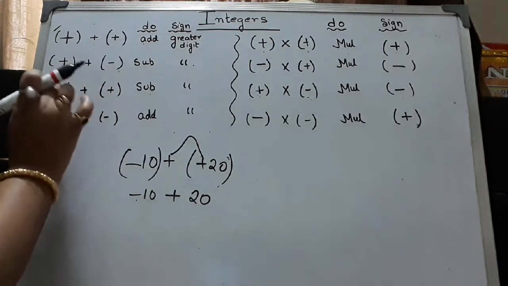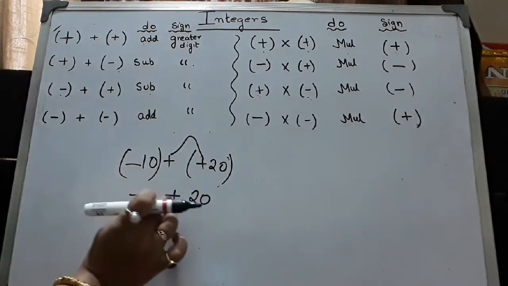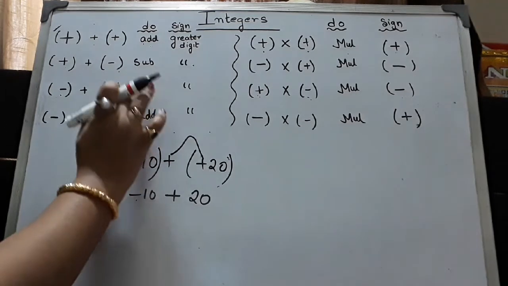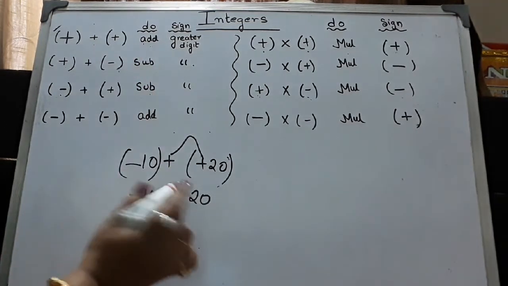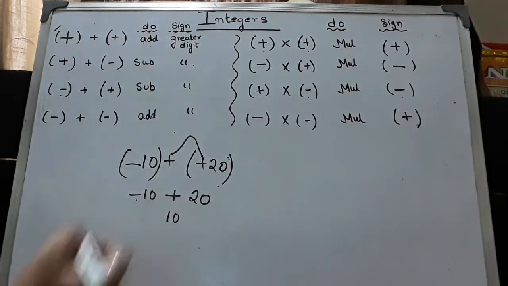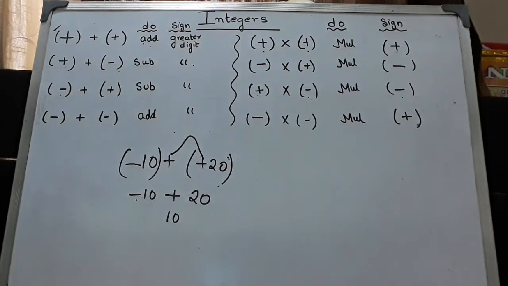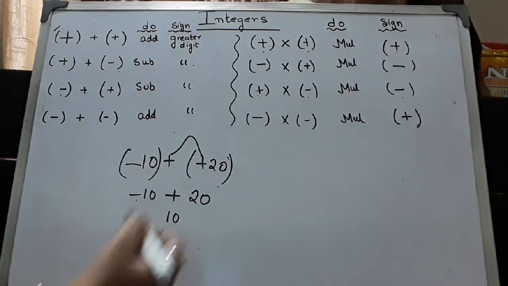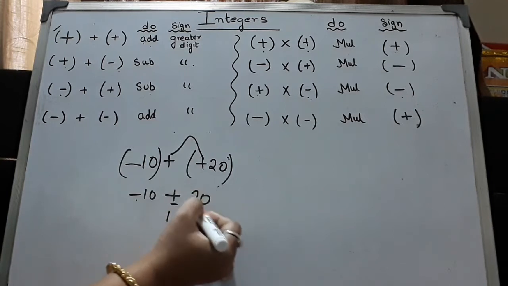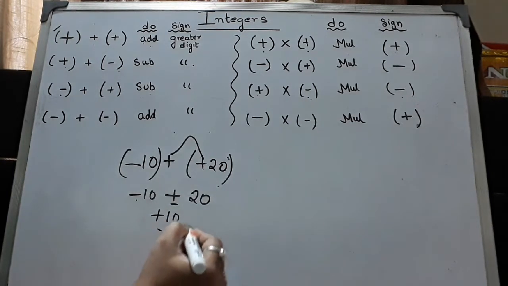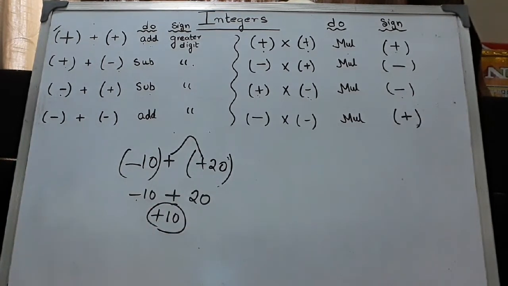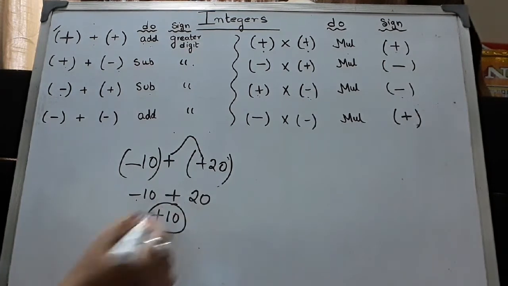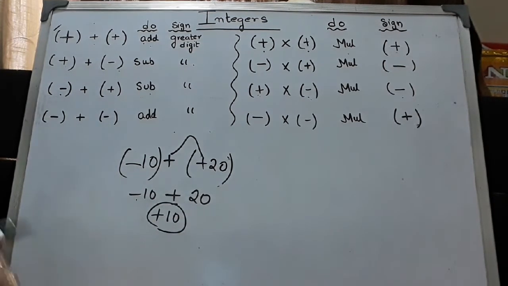But according to this process, when you get minus plus, you have to do subtraction, that is 20 minus 10, 10. But then what sign you are going to put? You are going to put the sign of the greater digit, and greater is 20, so the answer will be plus 10. You have to take the sign of the greater digit.